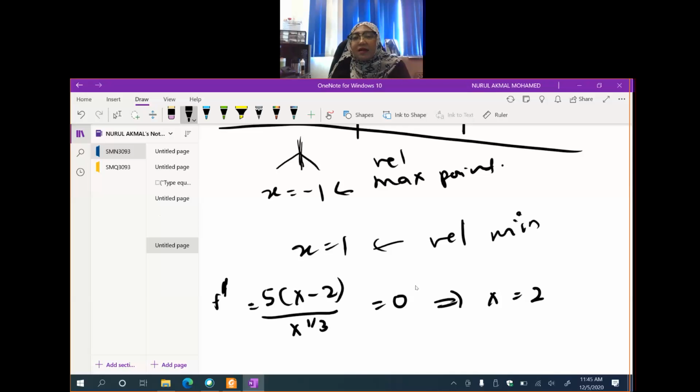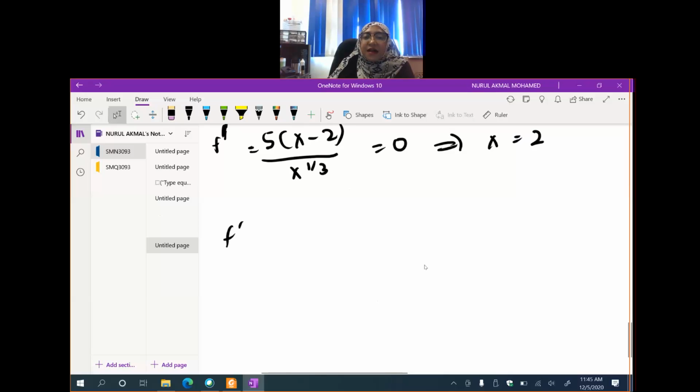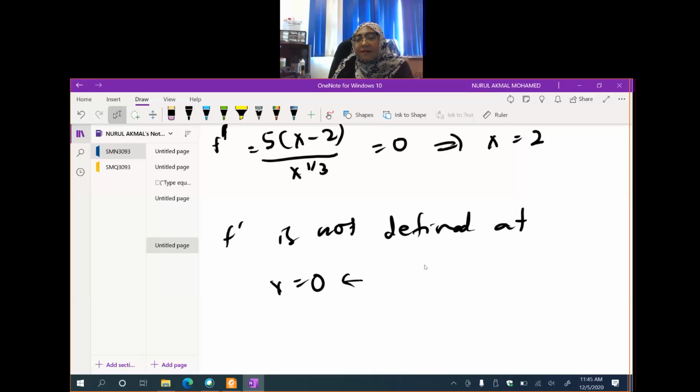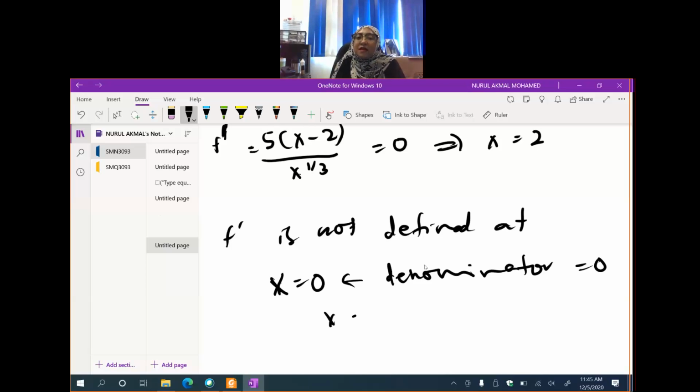And then you know that this function f prime is not defined at x equal to 0 because the denominator is equal to 0 when x is equal to 0, right? So x equal to 0 is also a critical point. So this is one critical point and this is another one.